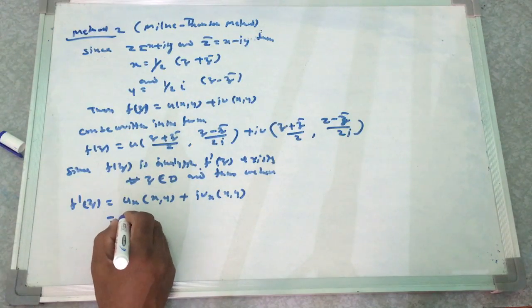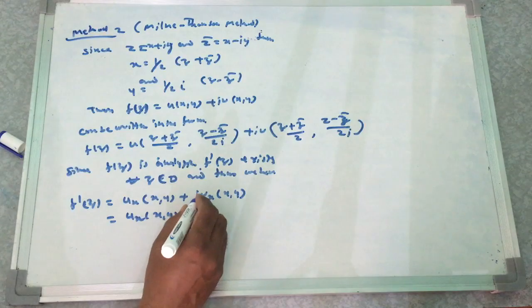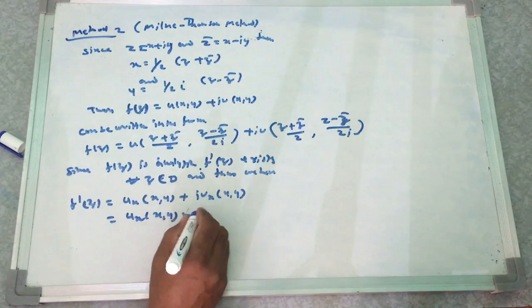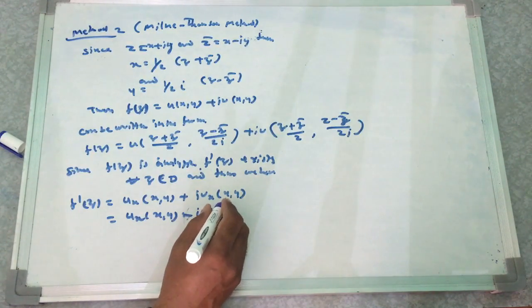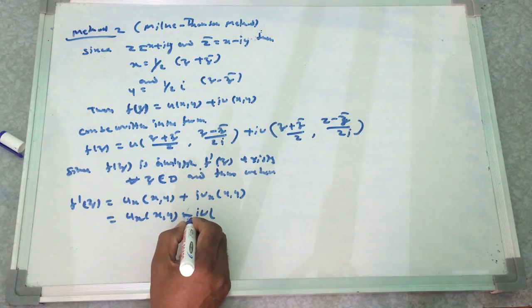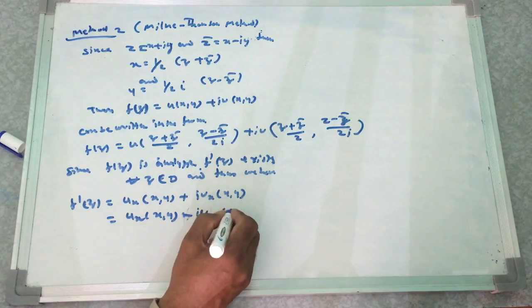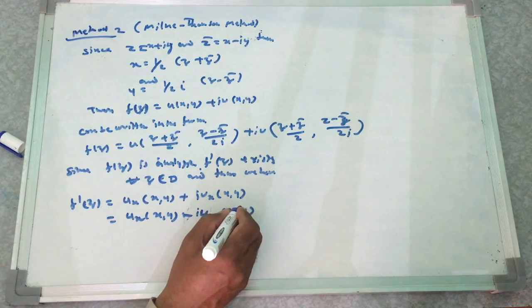This is equal to u suffix x of x,y minus i u suffix y of x,y, by the CR equation.